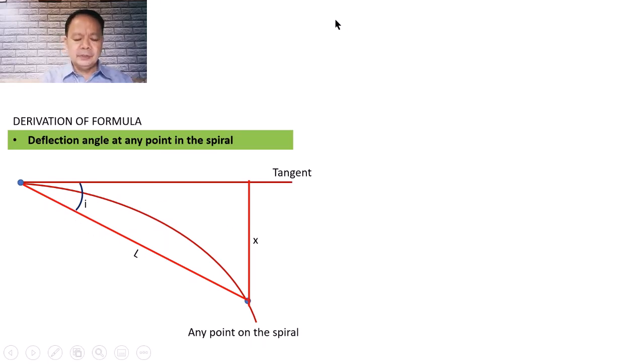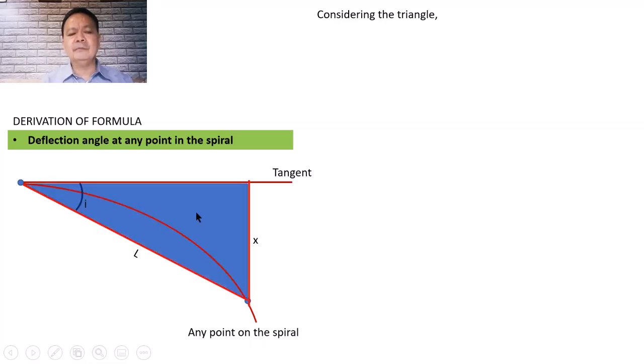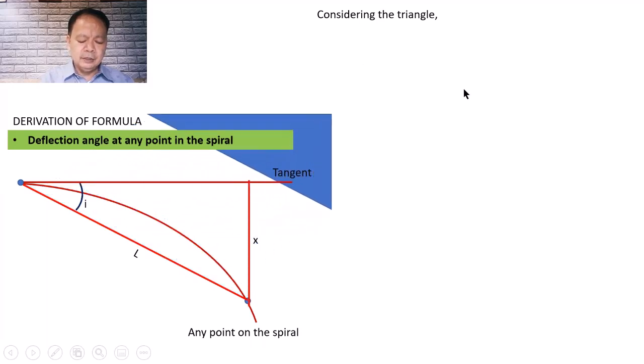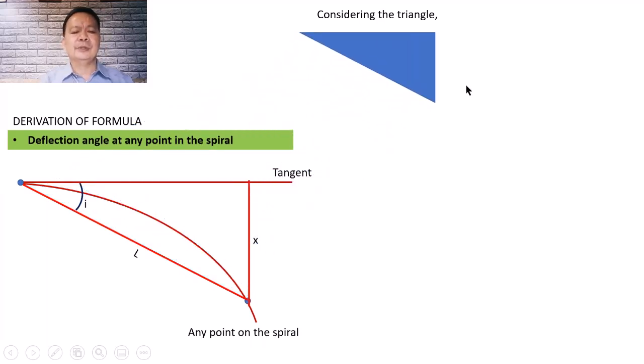Let us try to isolate the triangle and bring it here, so that we shall have here our triangle.